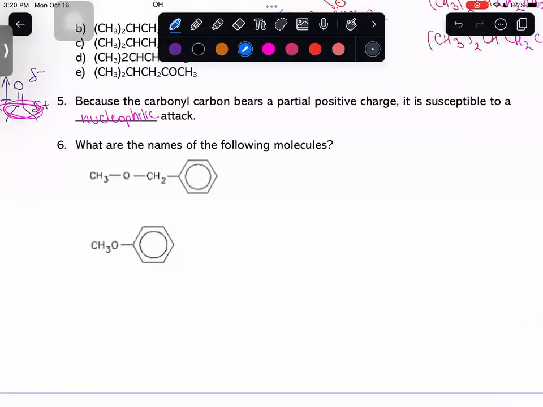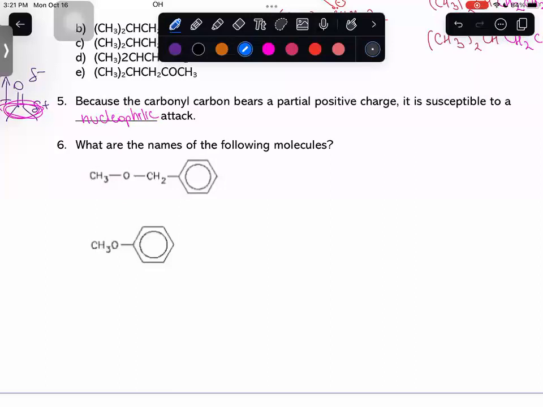Question 6, it's all about IUPAC in this case. More specifically, it's about our ethers. So molecule 1, what's going to be the name? You have a benzene group on one of the carbons.